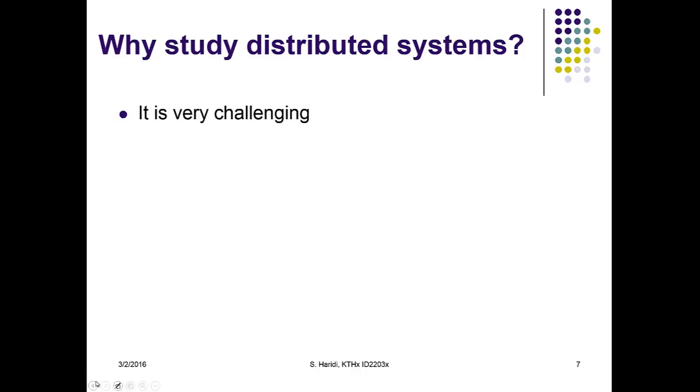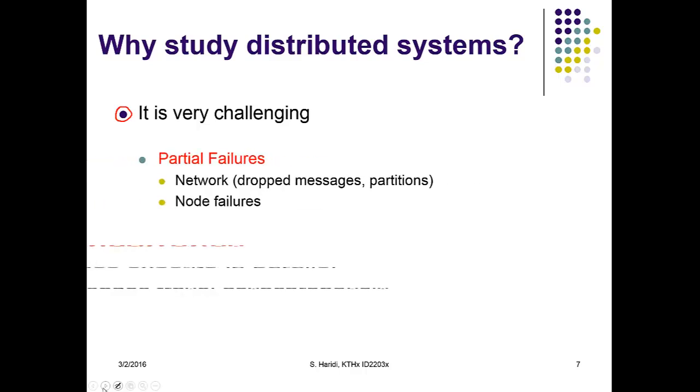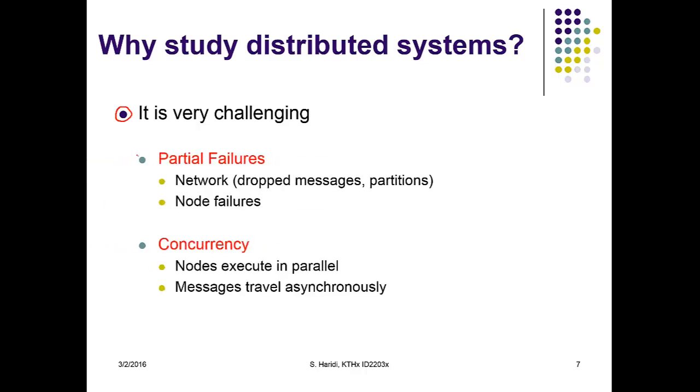So why do we study distributed systems? Distributed systems are challenging, and the reason for this is that you have to study two aspects. One is partial failure and the other is concurrency. Partial failure means that you have these nodes connected with a network, and some of the nodes might fail, or some messages could be dropped, or the network could be partitioned, but still the system as a whole has to work to provide the service.